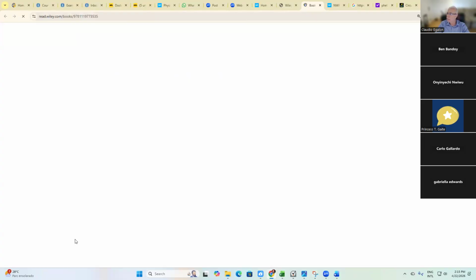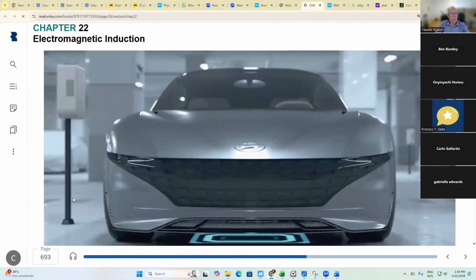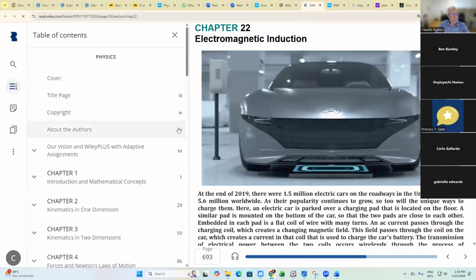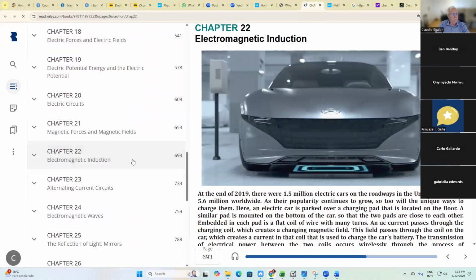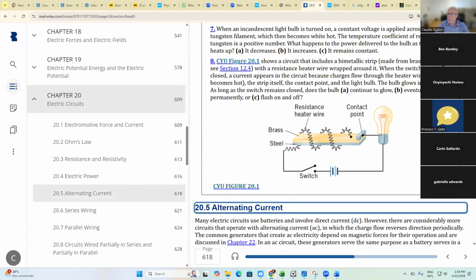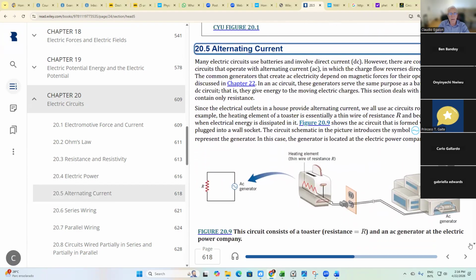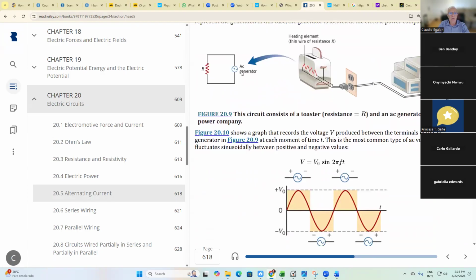Launch. Okay, alternating current. Here you go. That's the symbol of the generator, right? With a wiggle inside it, a sinusoidal symbol, and the resistor.